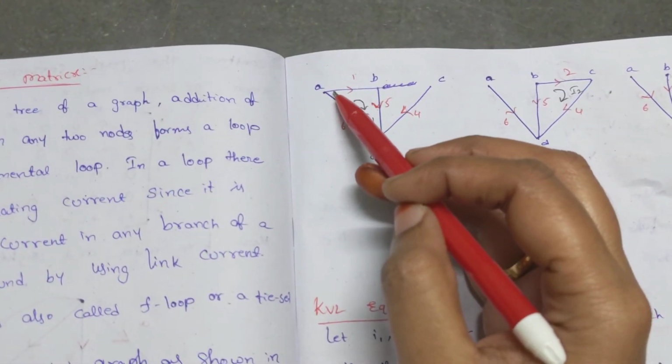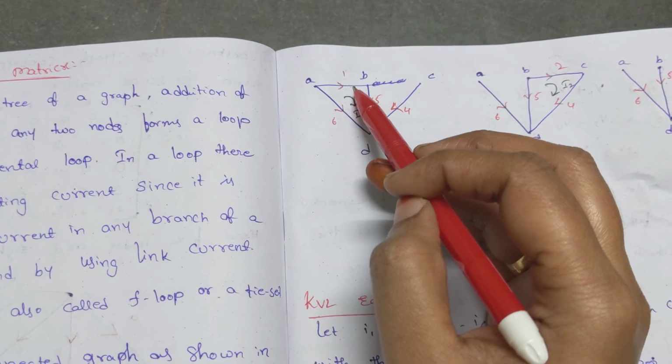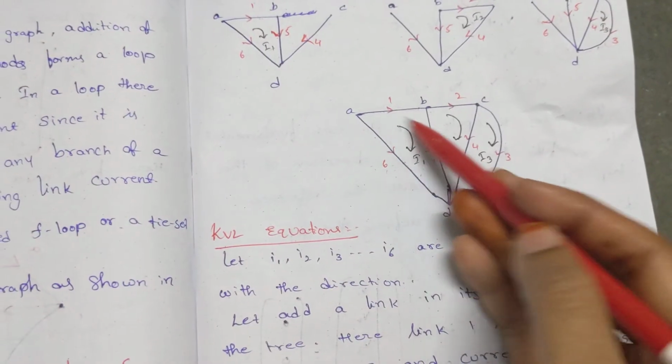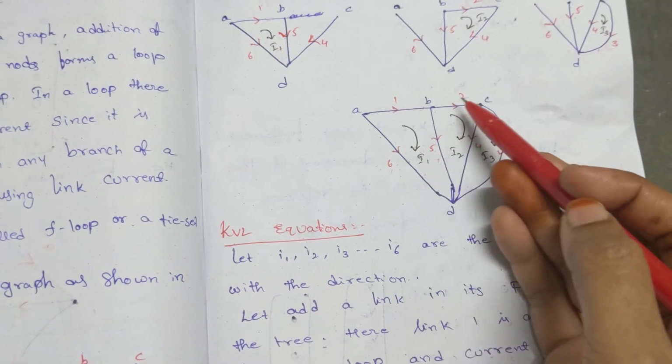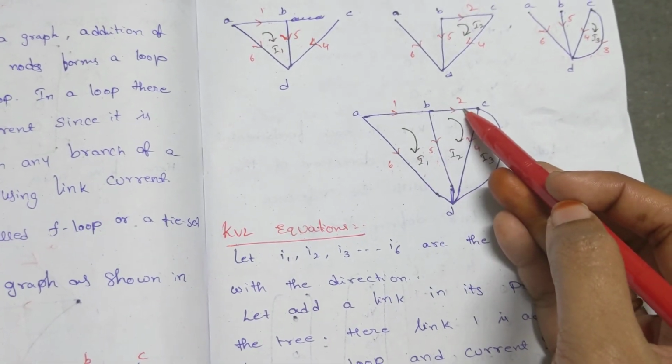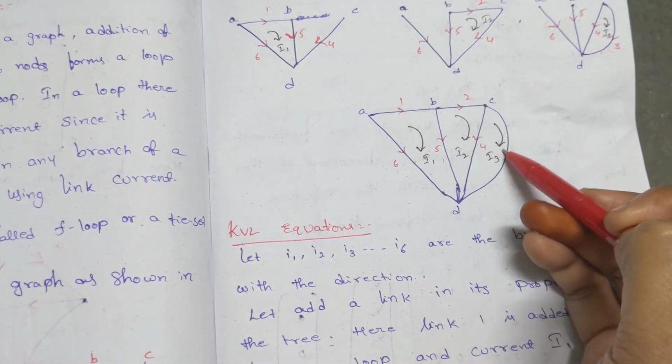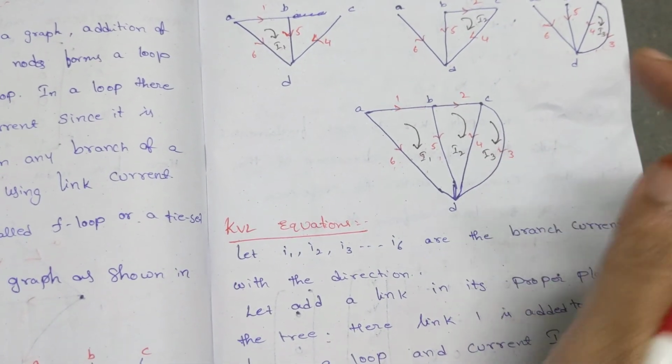Observe here once. The branch current I1 is nothing but the loop current I1, the branch current I2 is nothing but your loop current 2, and branch current 3 is nothing but your loop current 3.